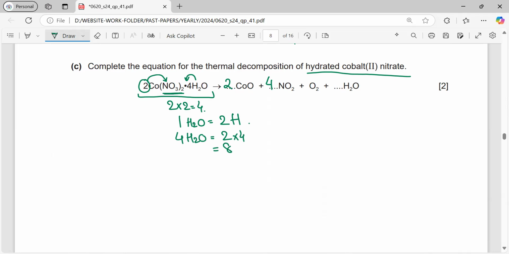We'll write 8 over here because we have 2 molecules of the crystals. In 4 water molecules there are 8 hydrogen atoms and there are a total of 2 crystals. So 8 hydrogen atoms multiplied by 2 makes 16.